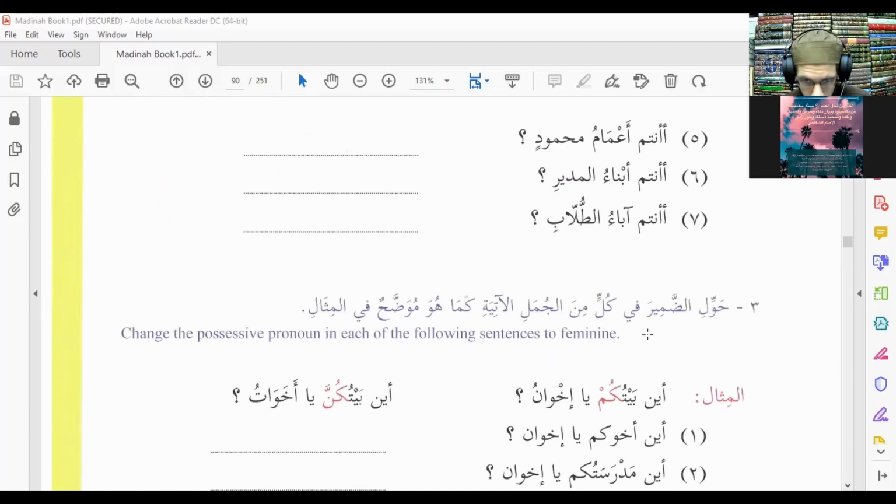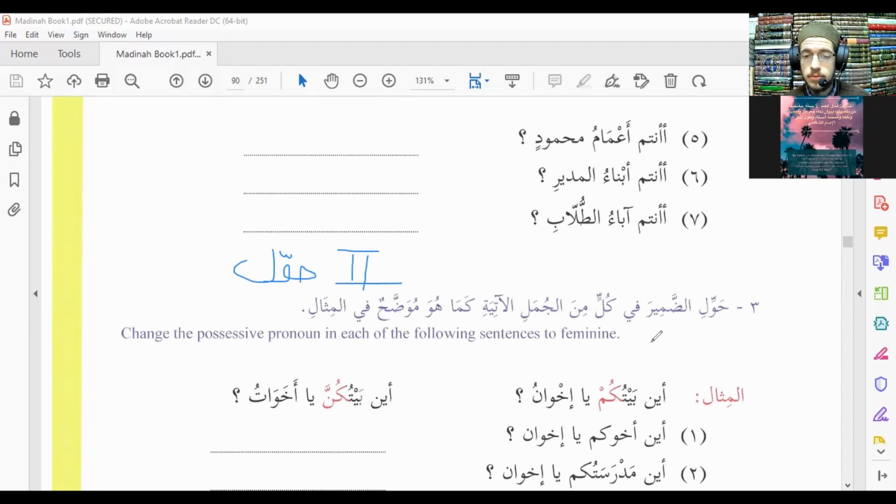حول الضمير في كل من الجمل الآتية كما هو موضح في المثال. Okay, we'll break down the instructions since we've got the leisure of time tonight. حول يحول is a form 2 verb, right, with a doubled middle letter. فعل يفعل تفعيل. And so حول يحول means to convert or to change, right, to transform. In all the sentences.